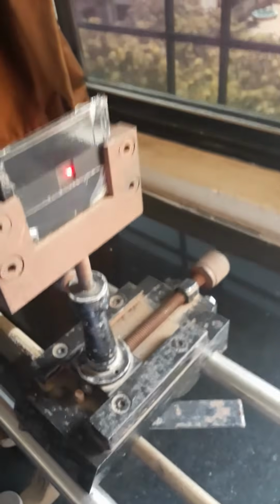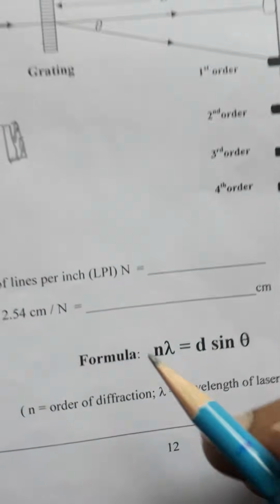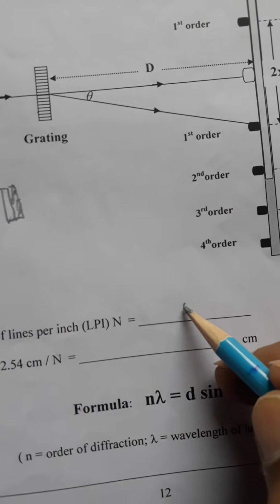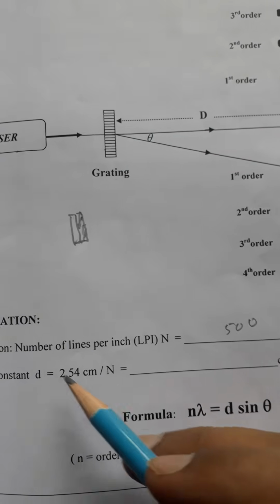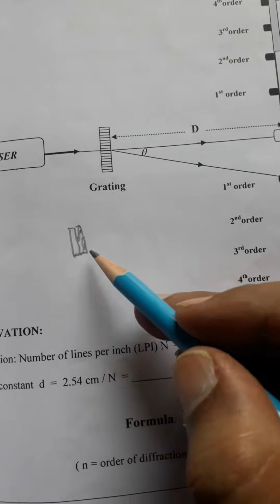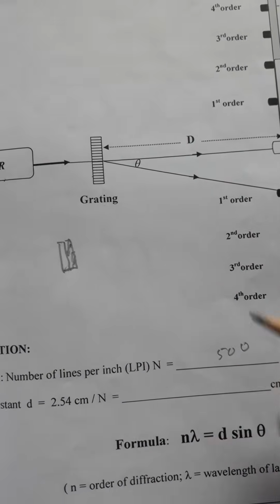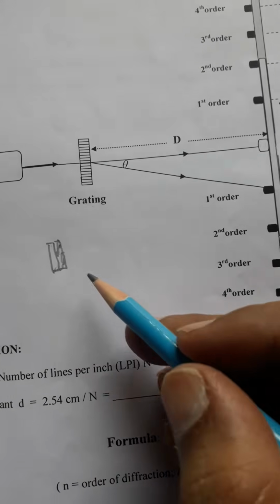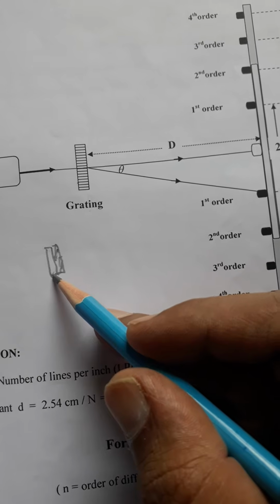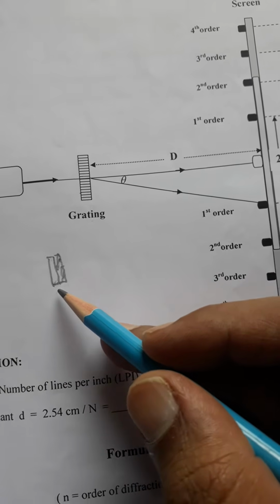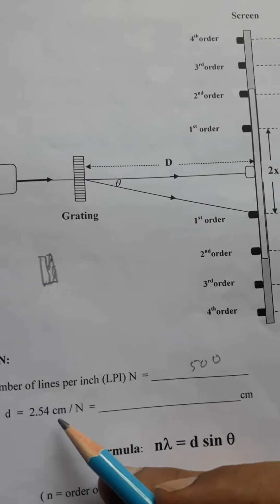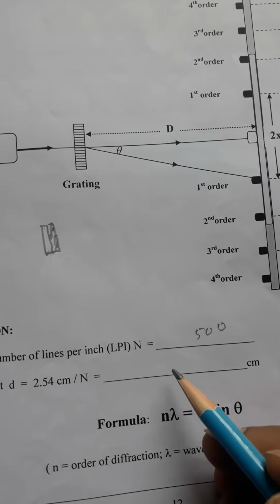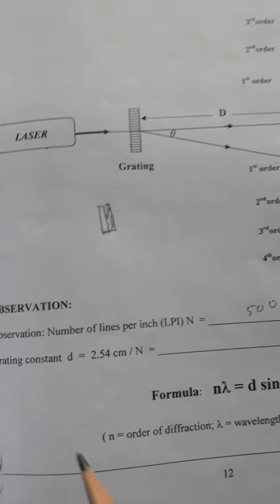For this grating with 500 lines per inch, to find the width of this element I take the inverse: 1 by 500 gives the grating constant in inches. But 1 inch is 2.54 centimeters, so we get this number, which is the grating constant.